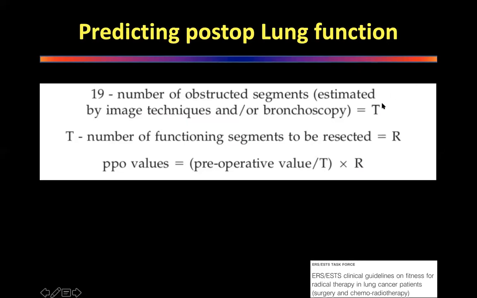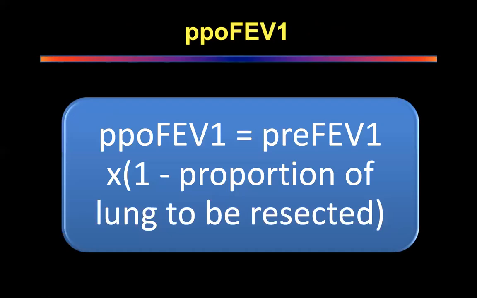And until and unless you understand what is T and R, you cannot do this quickly. So you really need to understand this formula. It is very, very important. And using this formula, you can calculate FEV1, you can calculate DLCO, you can calculate VO2 max. It doesn't matter. The same formula is applied whether you are going to calculate FEV1, DLCO, or TLC.